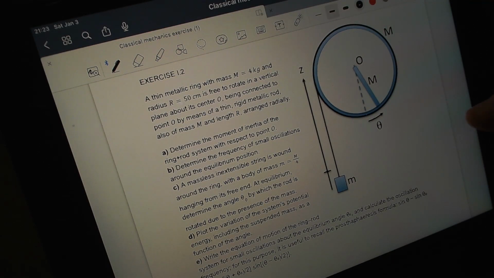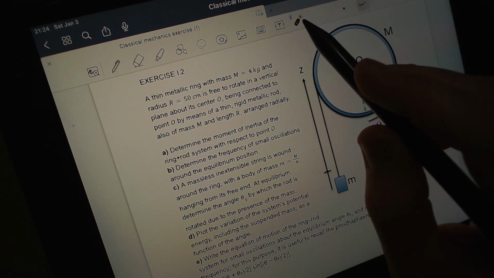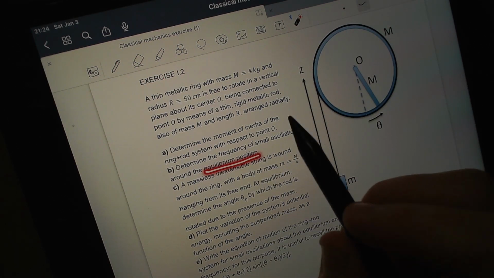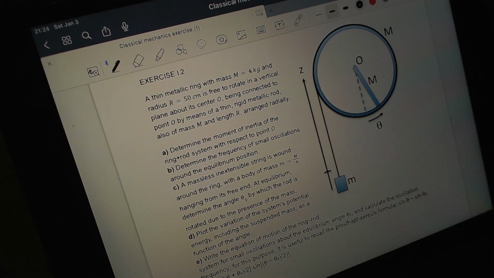The second point is about the frequency of small oscillations around the equilibrium position, and it is important that the oscillations are small and around the equilibrium position.